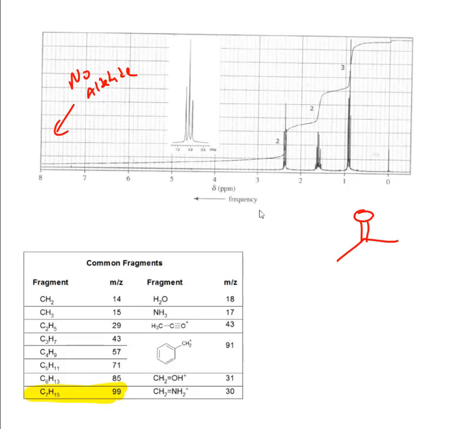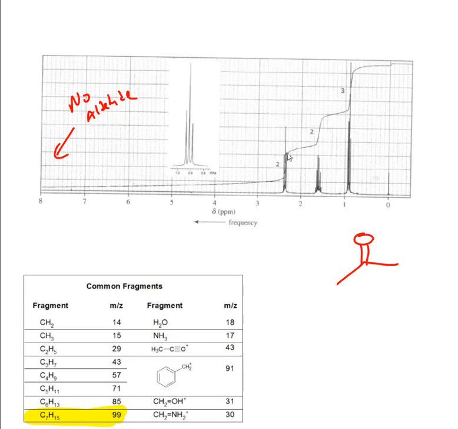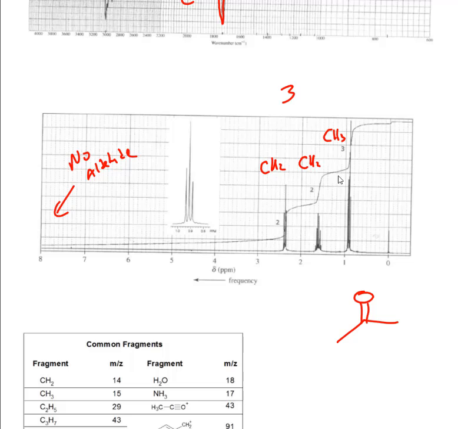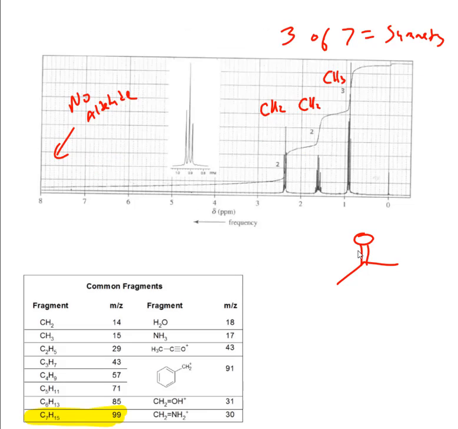Now, notice that we can read this out pretty clearly. There's 2, 2, integration 3. So this is a CH2, a CH2, and a CH3. Notice that there's only 3 readings. Well, how's that possible? We have 7 carbons. Symmetry. 3 signals for 7 carbons means symmetry. And we already know that we have a carbonyl.